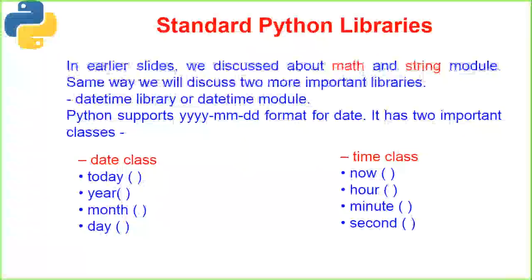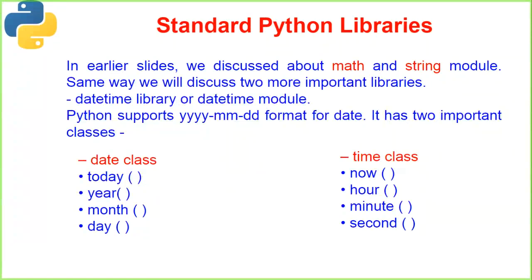One is the date library and the other is the time library. So for date and time, we will have to import the datetime module. This module is very important as far as date and time is concerned. So the datetime library or datetime module. If you are going to deal with date and time, you will have to import the datetime module.